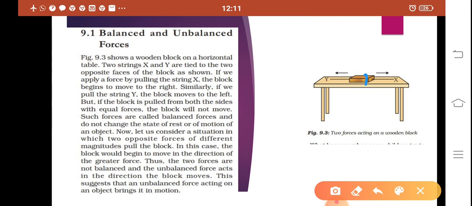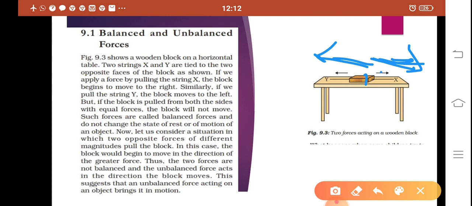If we apply force by pulling the string X, the block will move in the X direction. X direction means the right side. And similarly, if we pull the string Y, it will move to this side.